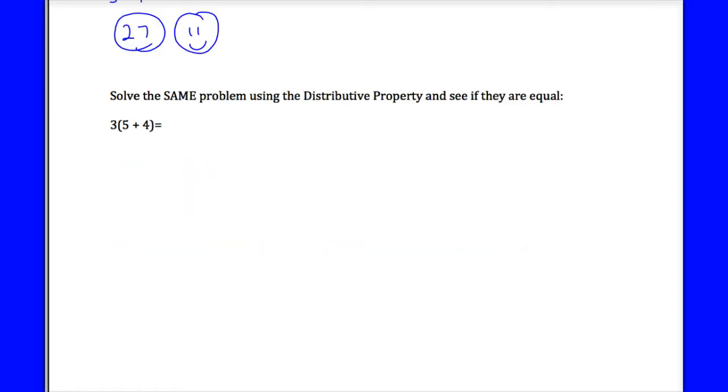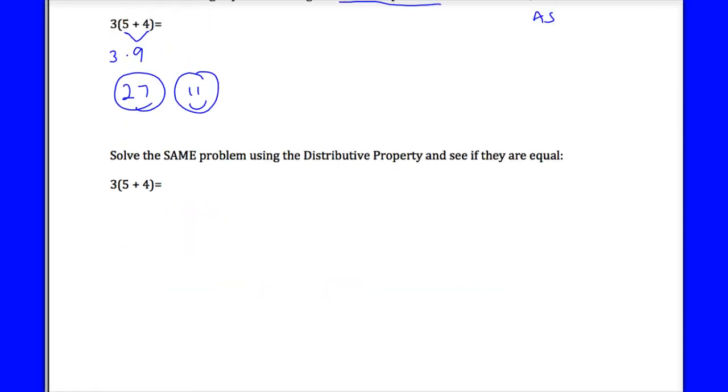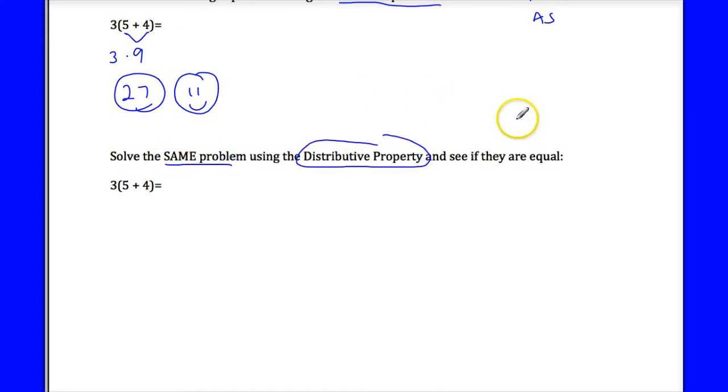Now what I'm going to do on the next part is solve the same problem using the distributive property. What's the point? It's to show you that this is equal if we do it the old-fashioned way, which is fine when you can, or the distributive property. We want to see that the distributive property is just another way of writing the same value. So we're going to see if we get the same answer using the distributive property.